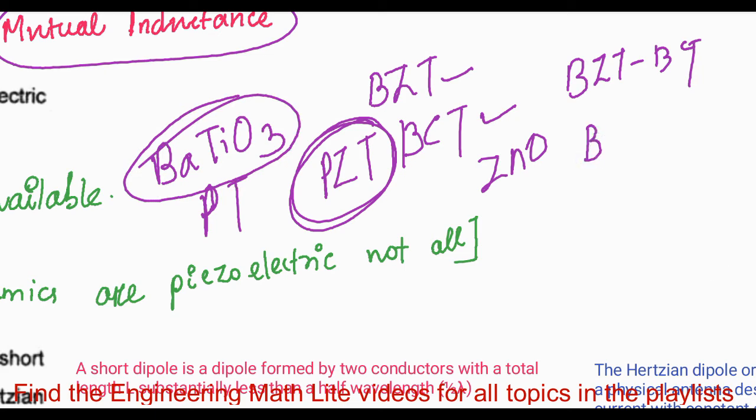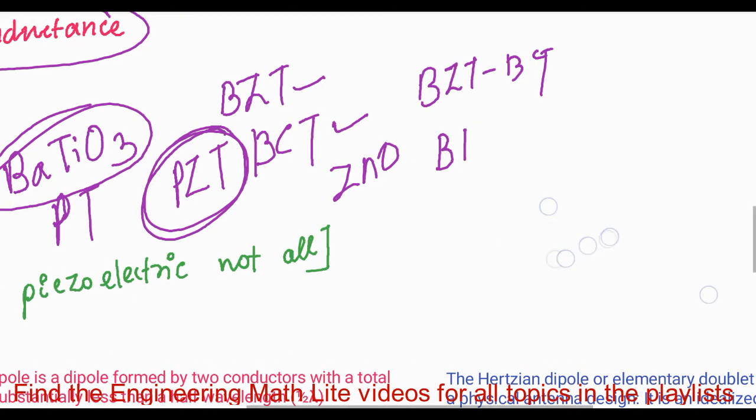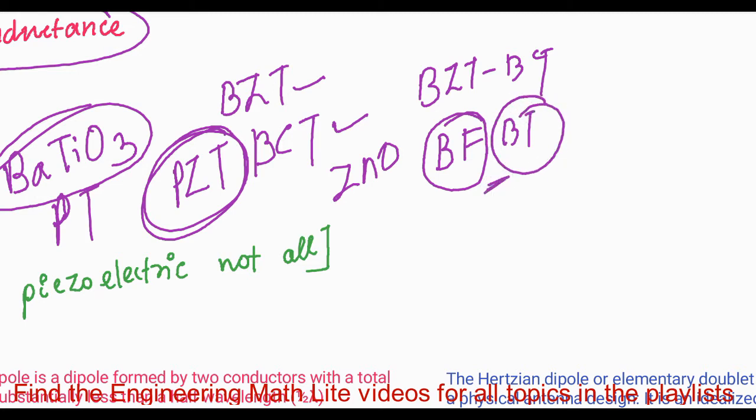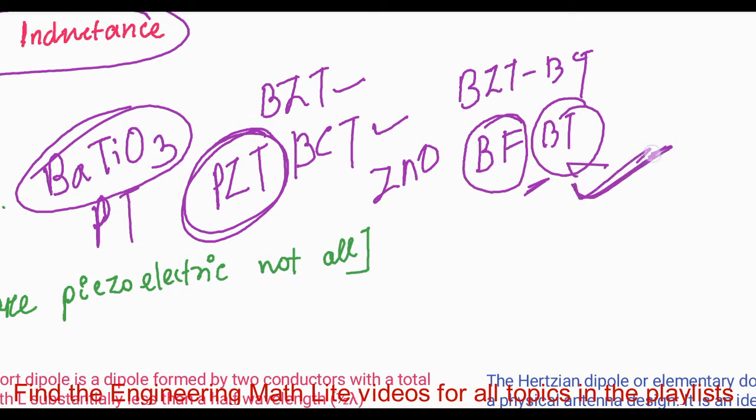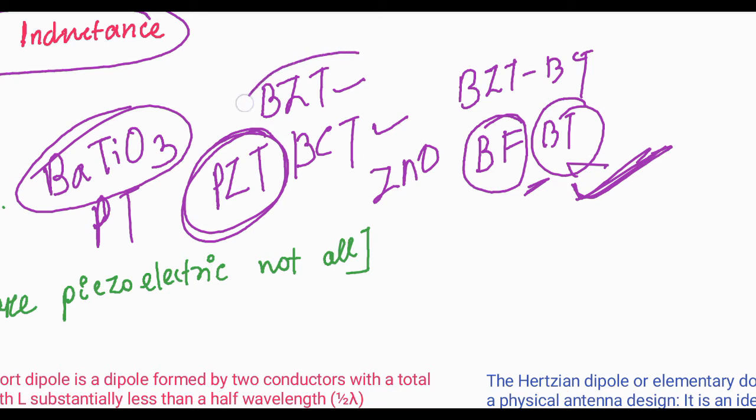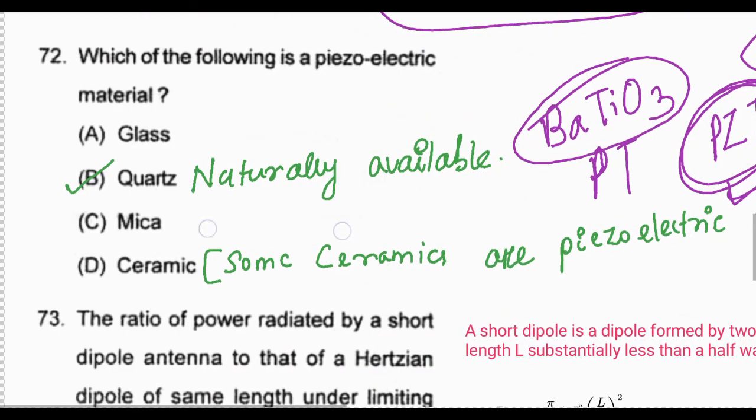Also there is another formula, BFBT, that is bismuth ferrite and barium titanate combination in a certain manner. This is also showing the piezoelectric property, and it has a higher Curie temperature than that of BZT, BCT and PZT. So here the answer is quartz. Quartz is the naturally available piezoelectric material.